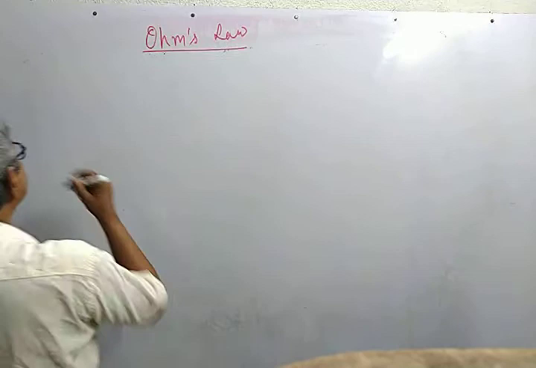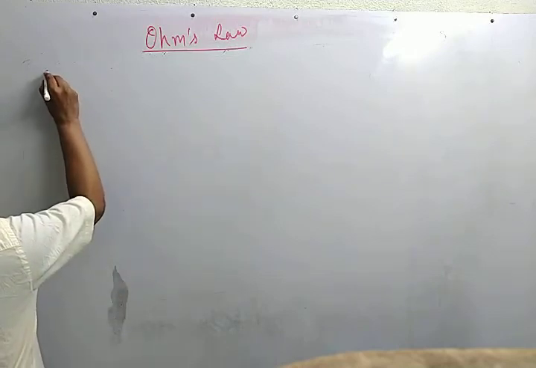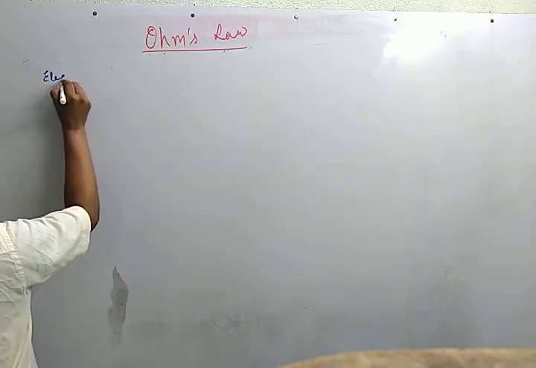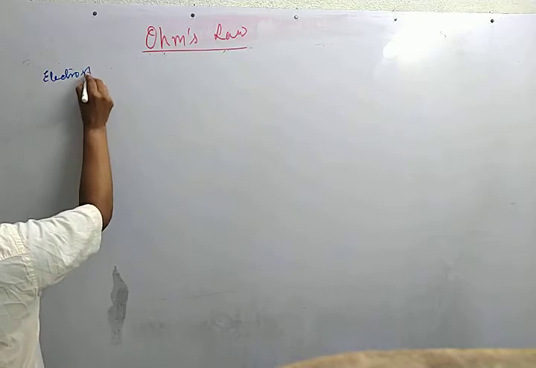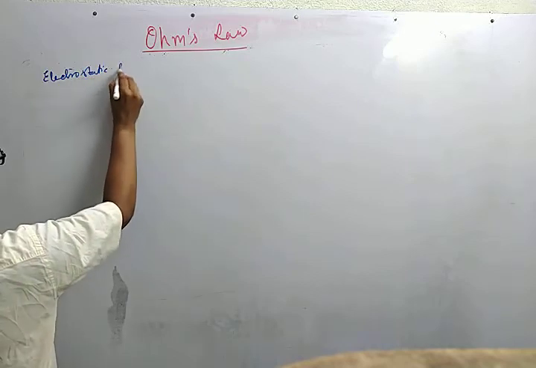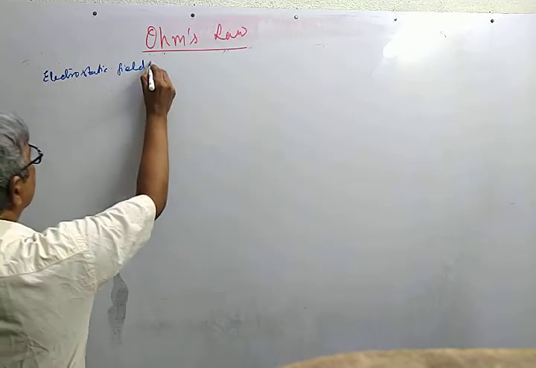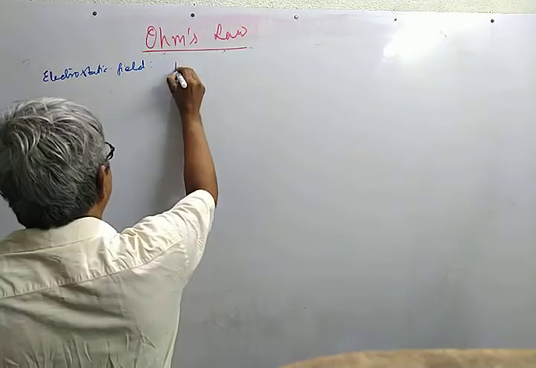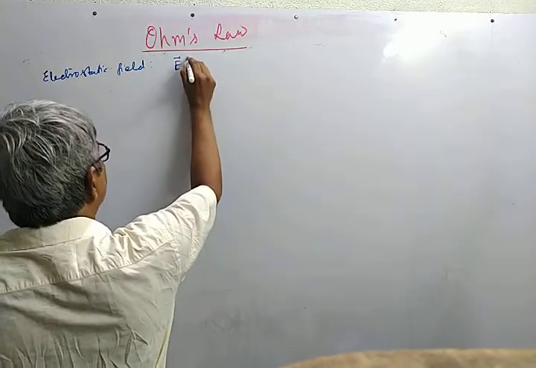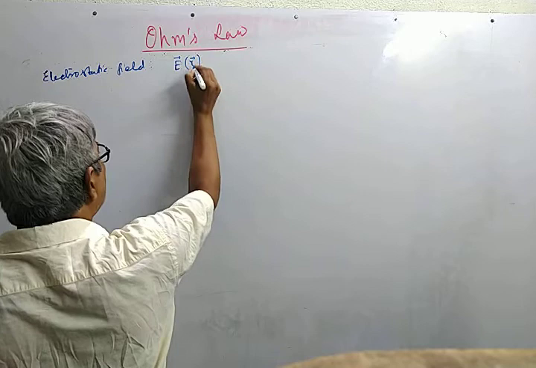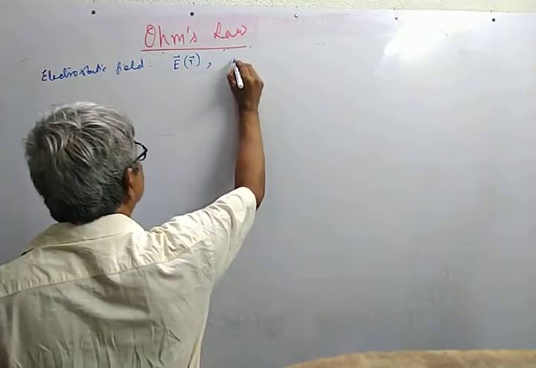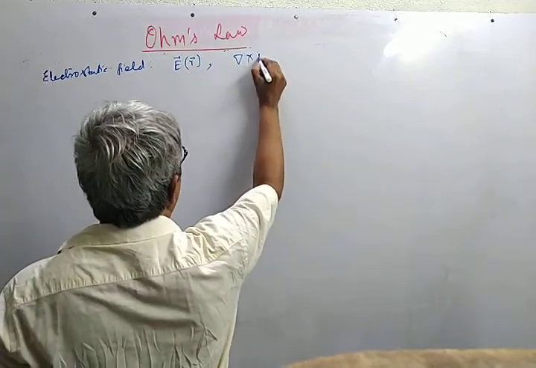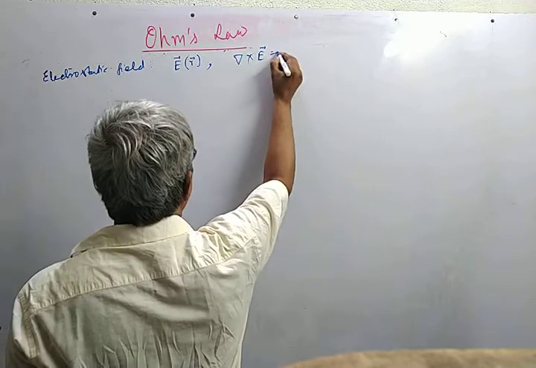So we first take the electrostatic field. It is denoted by E as a function of r, with no time dependence, and curl E is equal to 0.